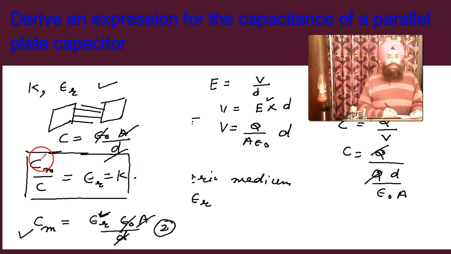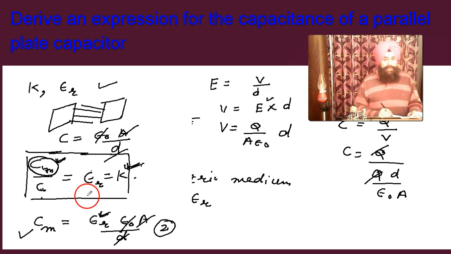Dielectric constant is the ratio of the capacitance of the parallel plate capacitor when some dielectric is filled, whose dielectric constant we are interested in, to the capacitance of the same capacitor when there is free space. We find the capacitance when the dielectric is filled, then we find the capacitance of the same capacitor in free space. We divide the two. Whatever value comes, that becomes the dielectric constant of that dielectric medium.